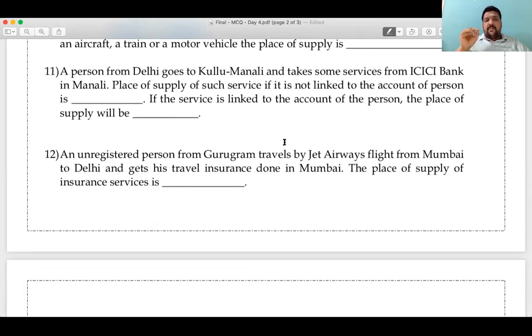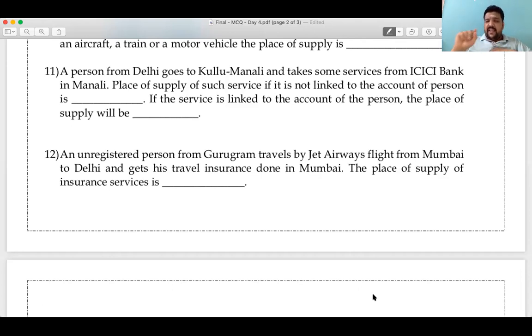MCQ 11, the MCQ which appeared in CS. A person from Delhi goes to Kulu Manali and takes some services from ICICI Bank in Manali, Himachal Pradesh. Place of supply of such services, if it is not linked to the account of a person, is dash.